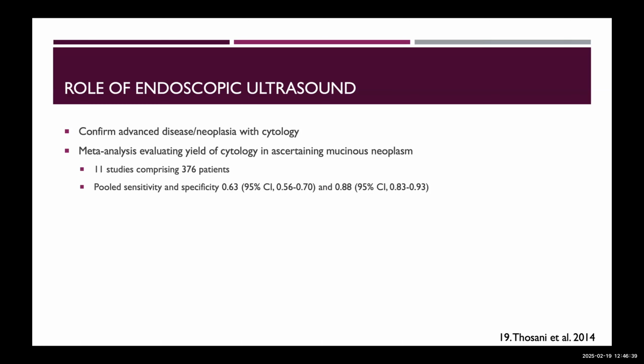Obviously, it can also confirm disease and neoplasia with cytology. In removing cyst fluid for evaluation, we can send it off to cytology. Generally speaking, specificity is quite generous at 88%, but the sensitivity, once again, is mild to moderate at 0.63. This has been very well studied in meta-analyses throughout our space.